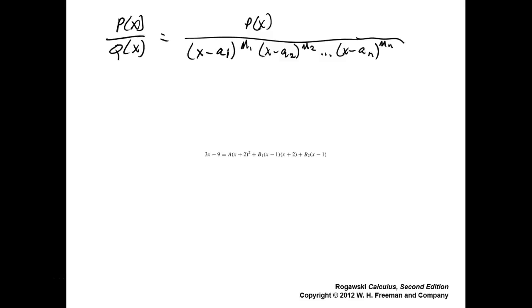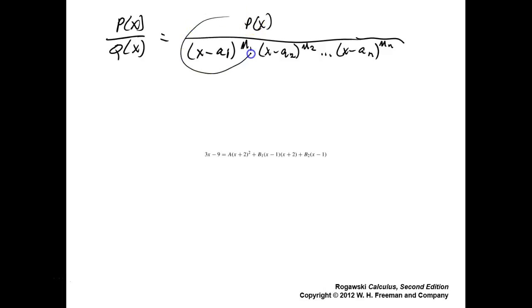Here's what you do. It seems strange, but it does work. Each factor, (x − a sub i) raised to the m sub i, you treat separately. Now, for some reason, they use B's rather than A's.